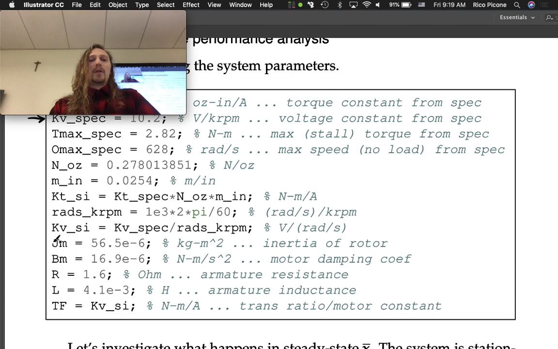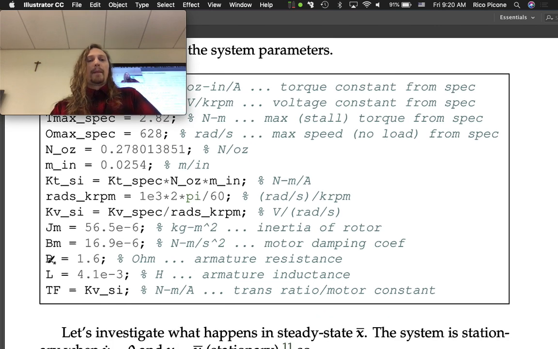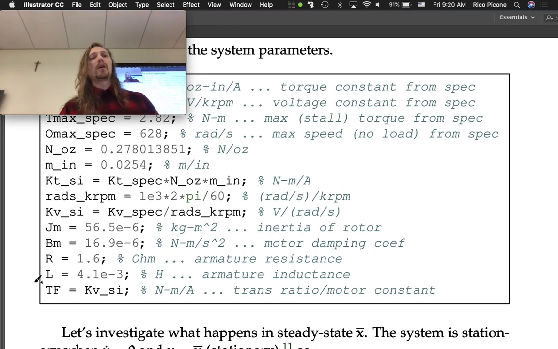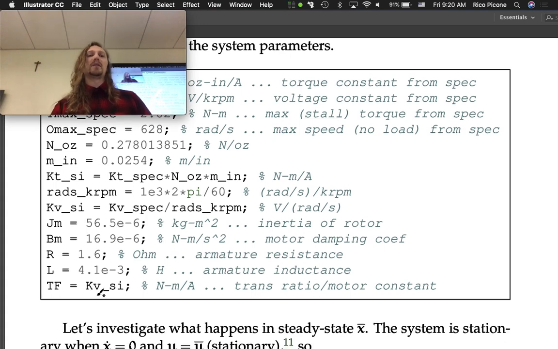The inertia of the rotor and the damping coefficient of the motor are given here, J and B. R is the resistance of the armature, so that's 1.6 ohms according to the spec sheet. And the armature inductance, according to the spec sheet, is 4.1 millihenry. Then we define TF, the transformer or motor constant, to just be kVSI. We could have also defined it to be KTSI. It's numerically the same, and I checked that, and it is.